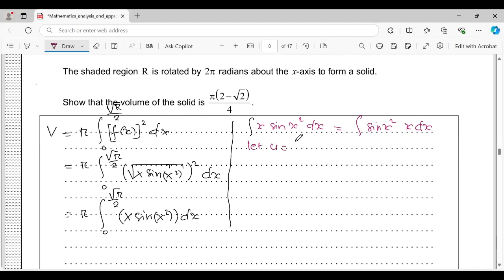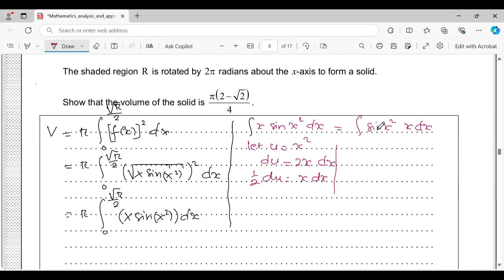Let u equals x squared, so du equals 2x dx, or half du equals x dx.